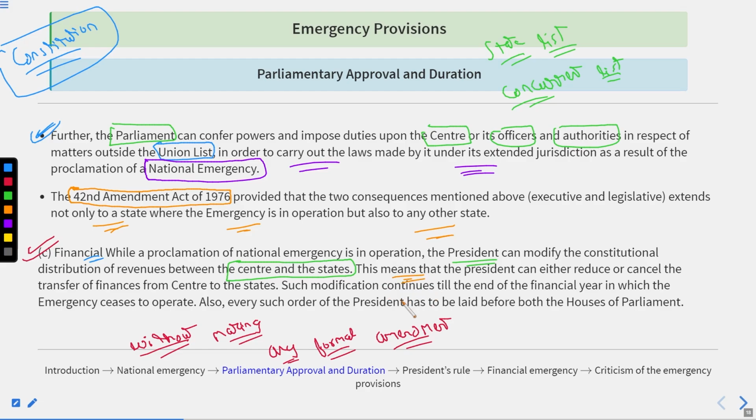This means the president can either reduce or cancel the transfer of finances from center to the state. In normal times, the constitution provides that it's the responsibility of the center to give the net proceedings.